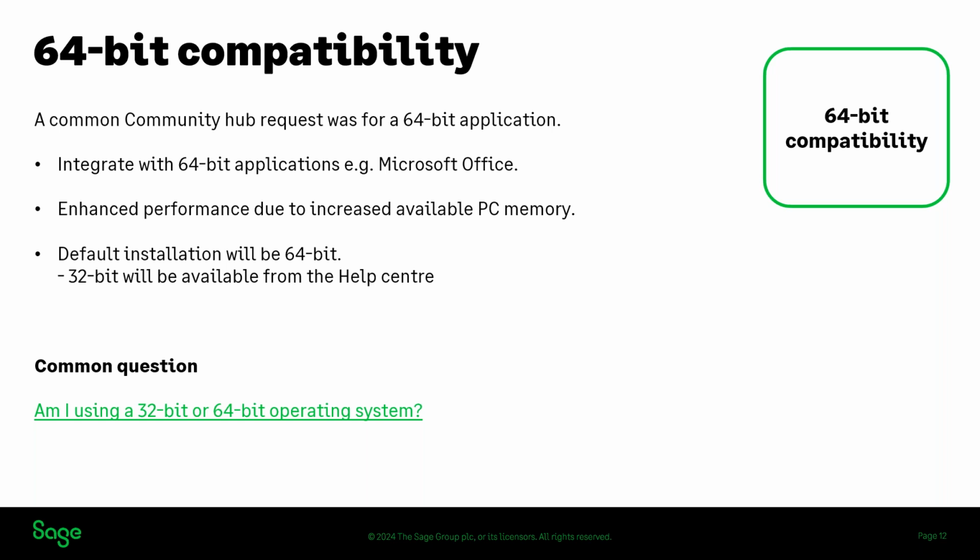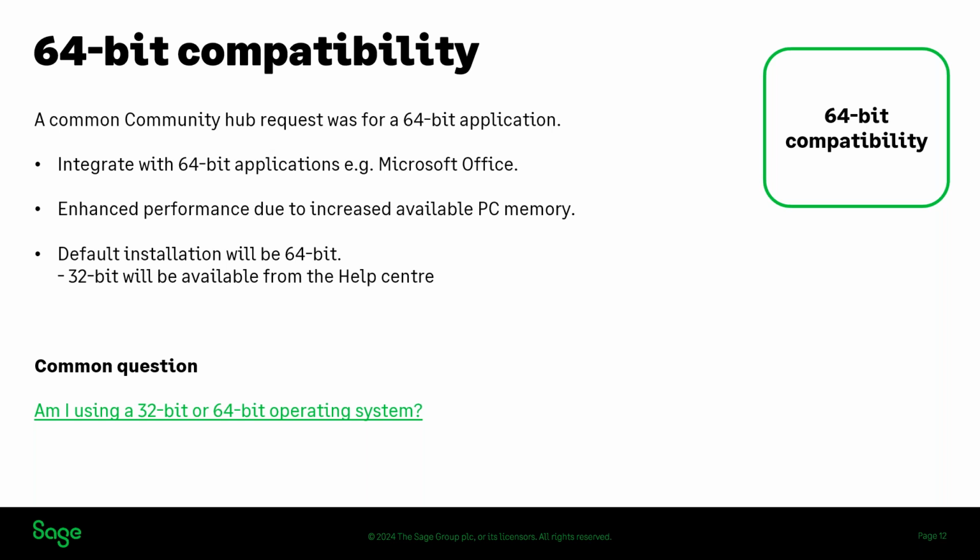Okay, so the next part I'm going to cover is all about 64-bit compatibility. This was a common community hub request, that Sage became compatible with 64-bit applications. So it'll now integrate with the likes of Microsoft Office, so Outlook and Excel.